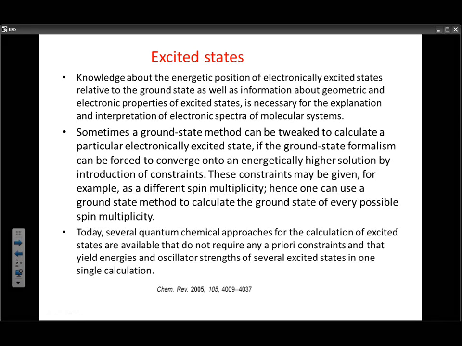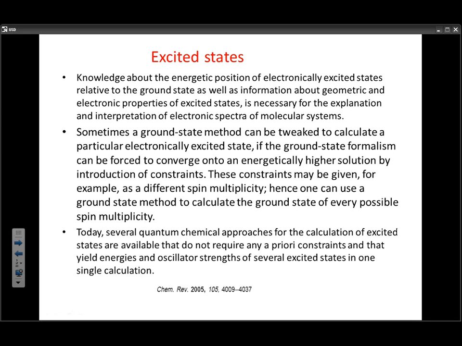Knowledge about the energetic position of electronic excited states relative to the ground state, as well as information about the geometric and electronic properties of excited states, is necessary for the exploration and interpretation of electronic spectra of molecular systems.